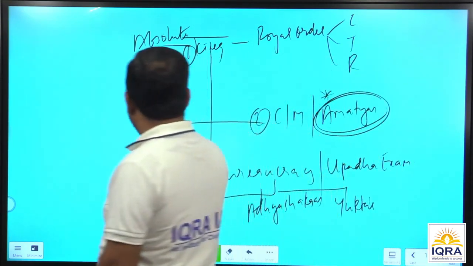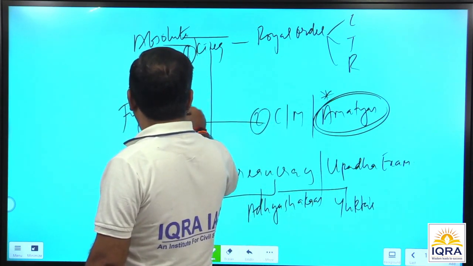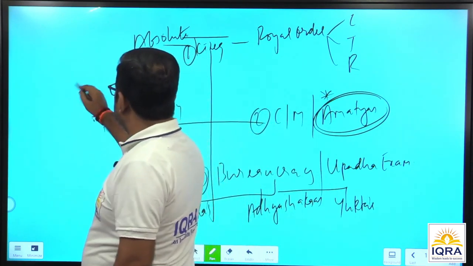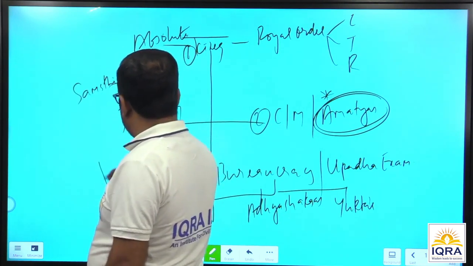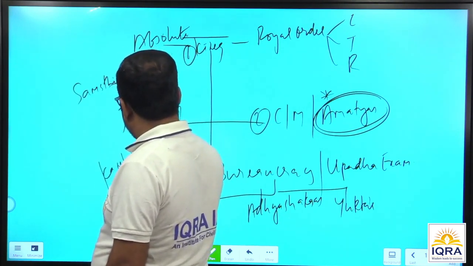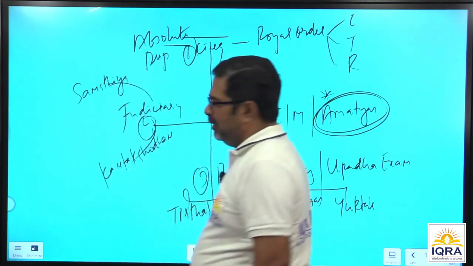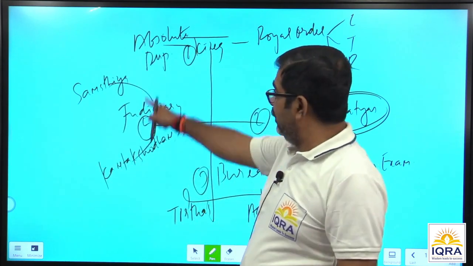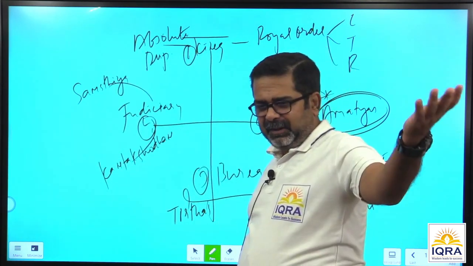Fourth, judiciary. 2 types of courts, Samsthya and Kantakshodhan. Samsthya and Kantakshodhan, civil court, criminal court. Development in judiciary.